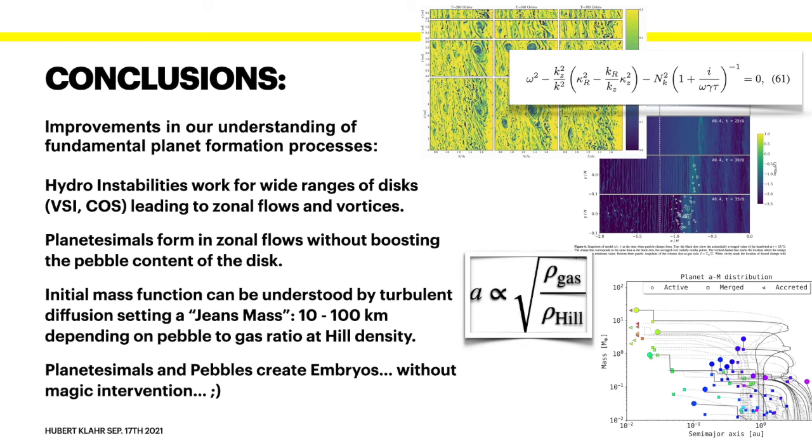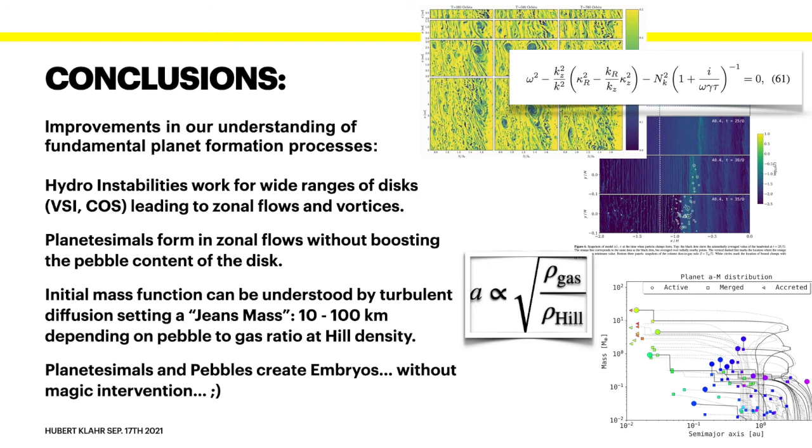So, to come to my conclusions, I think we are seeing a lot of improvements in our understanding of the fundamental processes which are leading to planet formation. So really fundamental processes. I am not arguing for an entire planet formation scenario, but we are really improving individual tiny steps. This is that hydro-instabilities do operate in wide ranges of the disks, not only in selected zones.